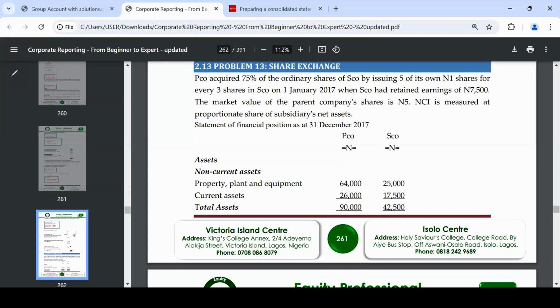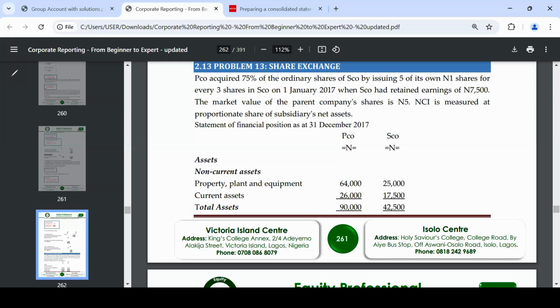Look at the problem. They said PICO acquired 75% of the ordinary shares of ESCO by issuing 5 of its own 1 naira shares for every 3 naira shares in ESCO on 1st January 2017, when ESCO had retained earnings of 7,500.